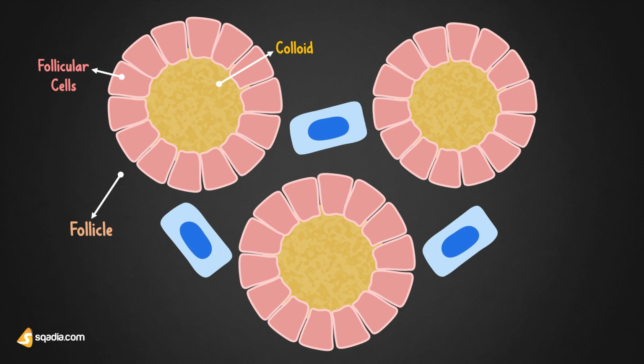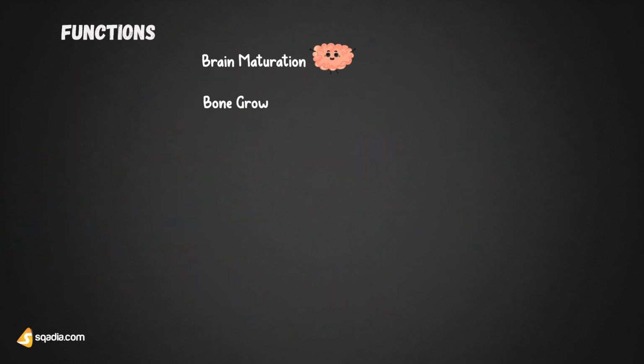Now that you are familiar with the secretion of thyroid hormones, let me ask you, what are the major functions of thyroid hormone? Well, it is required for brain maturation, bone growth, has beta-adrenergic effects.